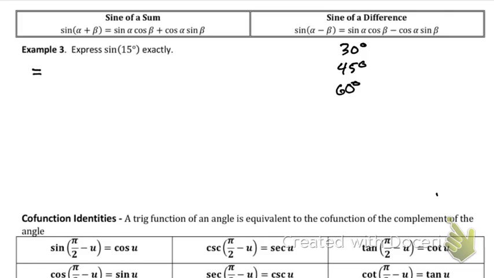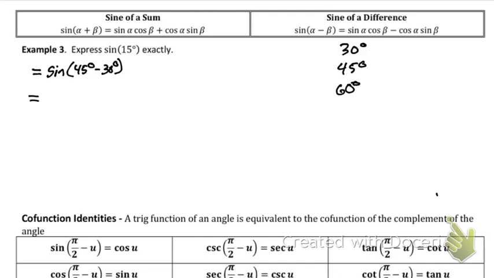So we're going to rewrite this as sine of 45 degrees minus 30 degrees, because 45 minus 30 does equal my 15 degrees. Well, we are subtracting, so we'll use the subtraction one, which is sine of our first angle, which is 45, times cosine of our second angle, which is 30, minus cosine of 45 times sine of 30.